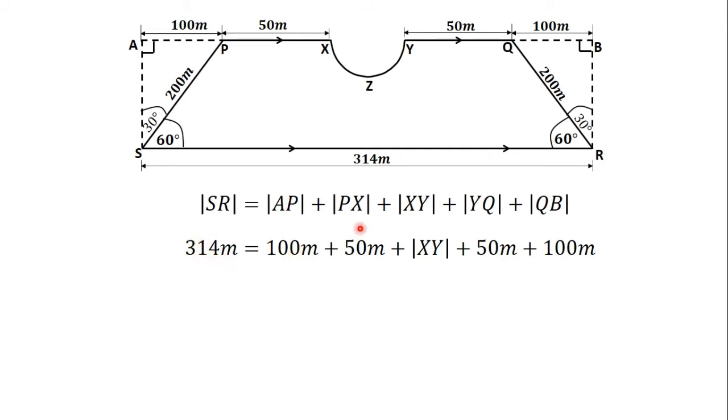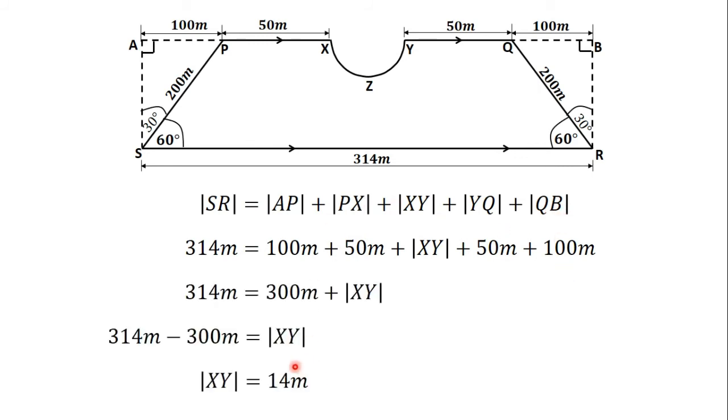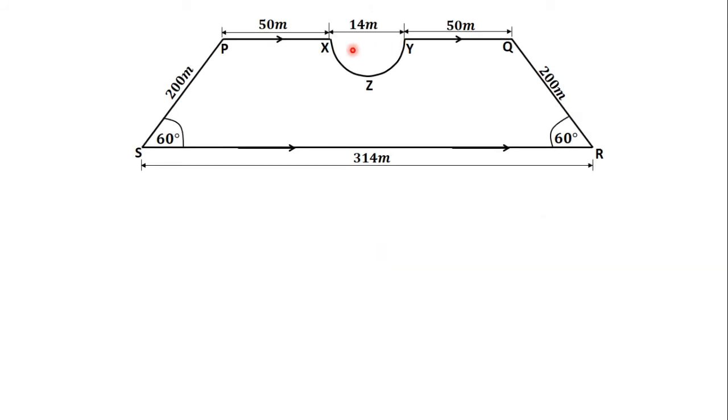AP is 100 meters, PS is 50 meters. We are looking for XY, YQ is 50 meters, and QB is 100 meters. When we simplify everything here, you have XY is equal to 14 meters. So now we know the diameter of the semicircle is 14 meters.